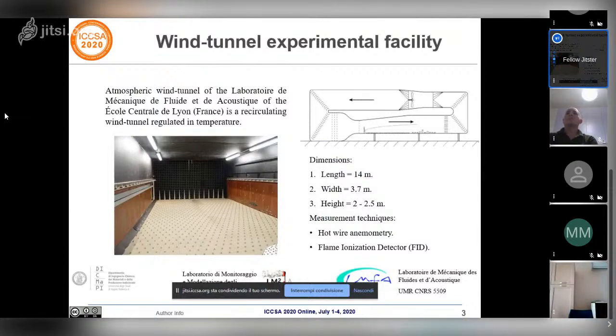The experiments in this study were performed in the atmospheric wind tunnel of the Laboratory of Fluid Mechanics and Acoustics at the École Centrale de Lyon in France. This is a recirculating wind tunnel with a working section measuring 14 meters long, 3.7 meters wide, and about 2 meters high. In the wind tunnel, two different things were investigated: first, the flow dynamics, and second, the concentration measurements.